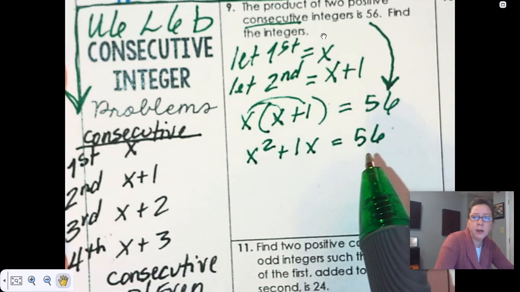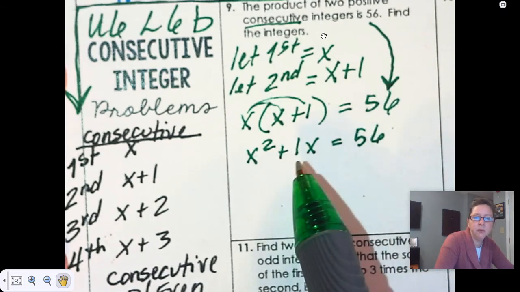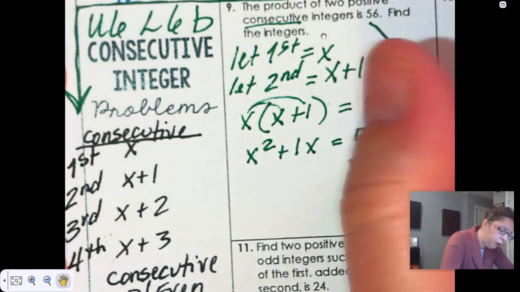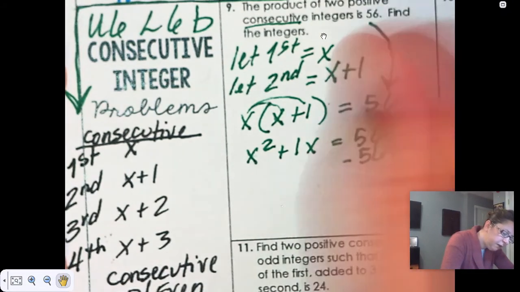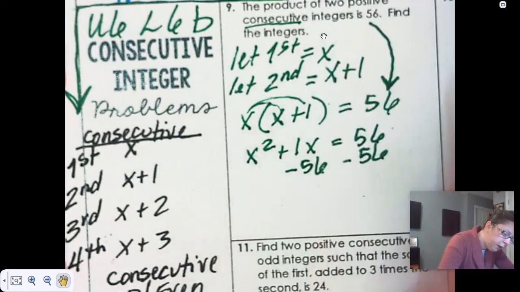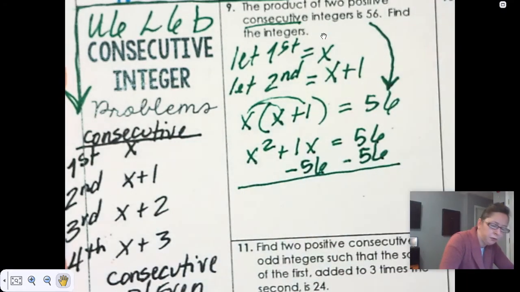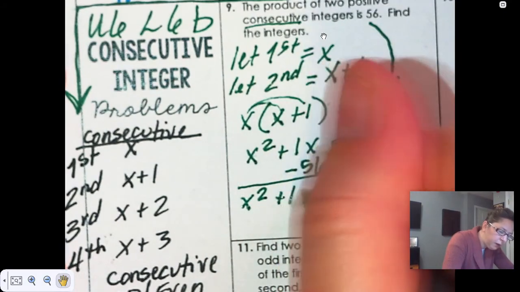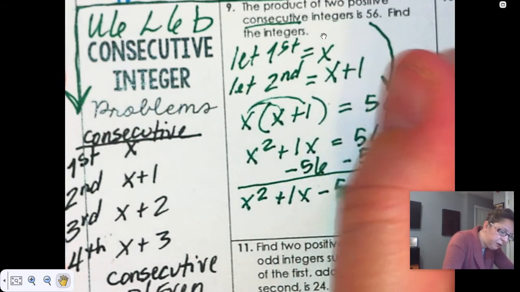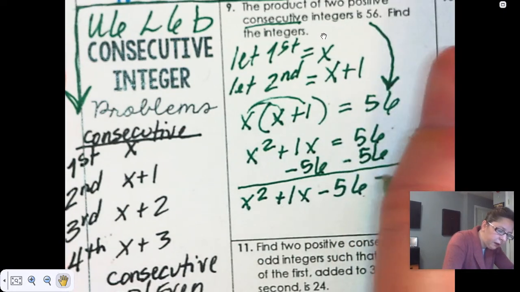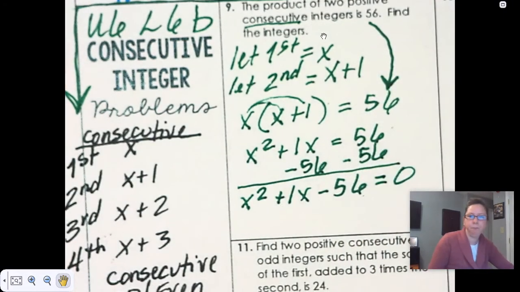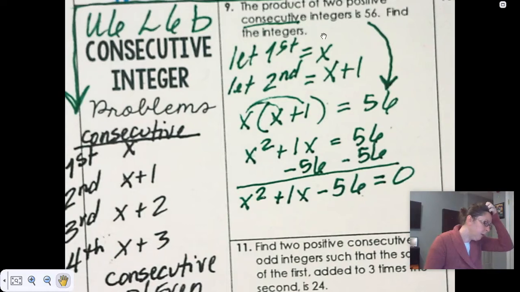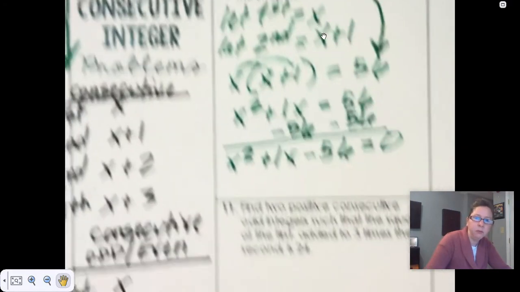So I'm going to need to move this 56 over to the other side. So subtract this 56, and there are no like terms to combine it with. So I just have x squared plus 1x minus 56 equals 0.